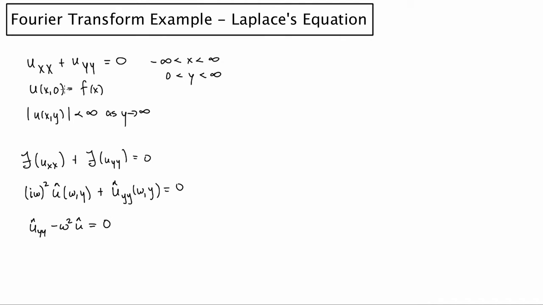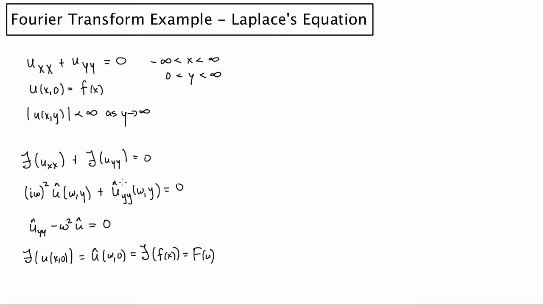Let me go ahead and do the boundary condition, or the initial condition, as well. If I take the Fourier transform of the condition u of x, 0, the Fourier transform of that is u hat at omega, 0, and that equals the Fourier transform of little f, which is capital F of omega.